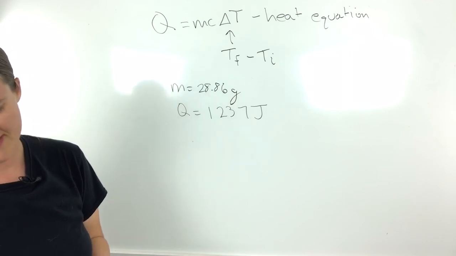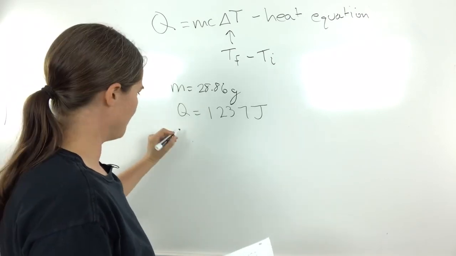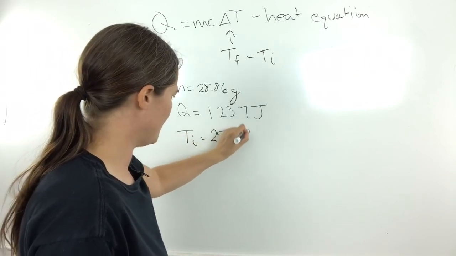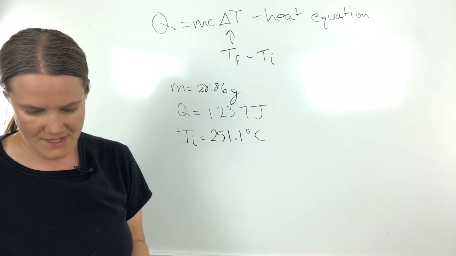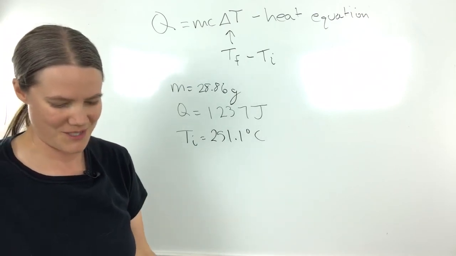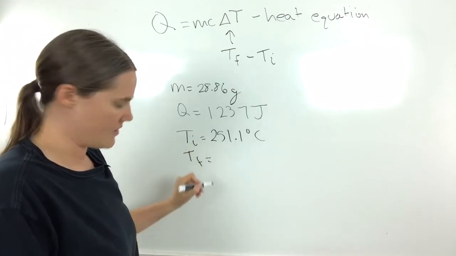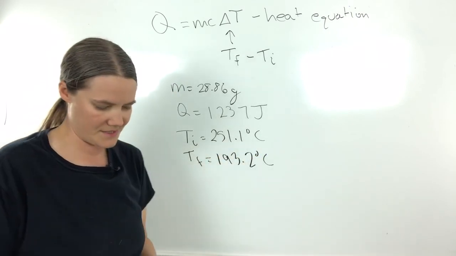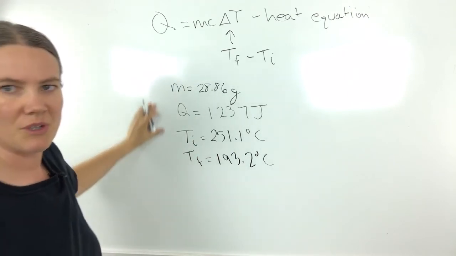It says the temperature was initially 251.1 degrees Celsius, so the initial temperature is equal to 251.1 degrees Celsius. Then it gives the temperature of the substance after, and it says after it absorbed heat, but I think it's actually after it released heat. The final temperature is equal to 193.2 degrees Celsius.